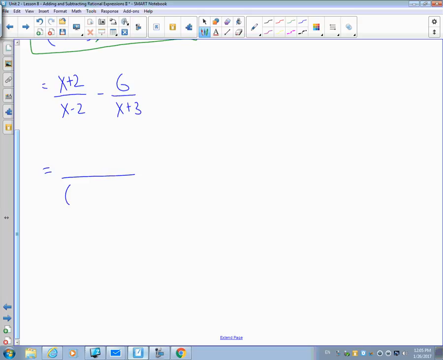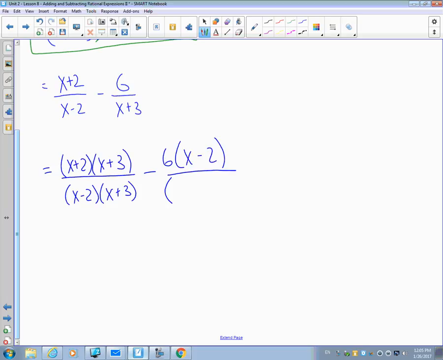Common denominator time. X minus 2 and x plus 3. And what did I add to the bottom? An x plus 3 minus 6 times x minus 2. Because my common denominator added the x minus 2, right? Okay, let's expand. FOIL. X squared plus 3x plus 2x plus 6 minus 6x plus 12.